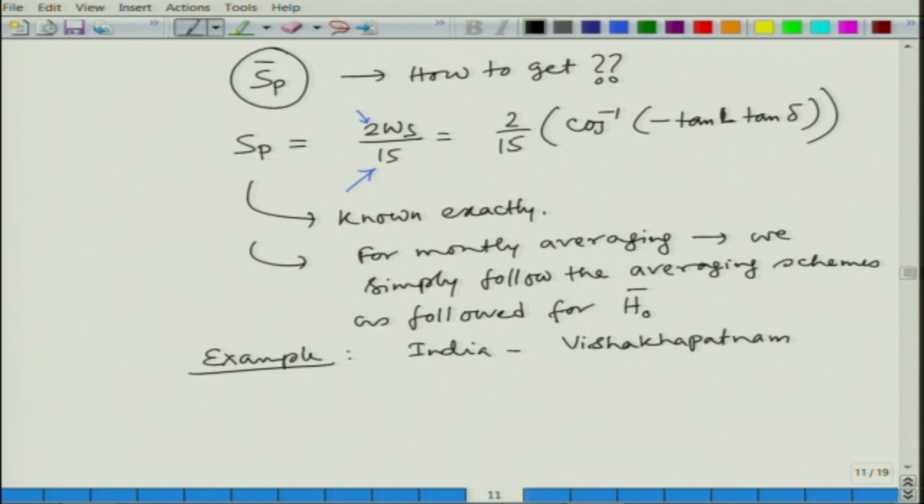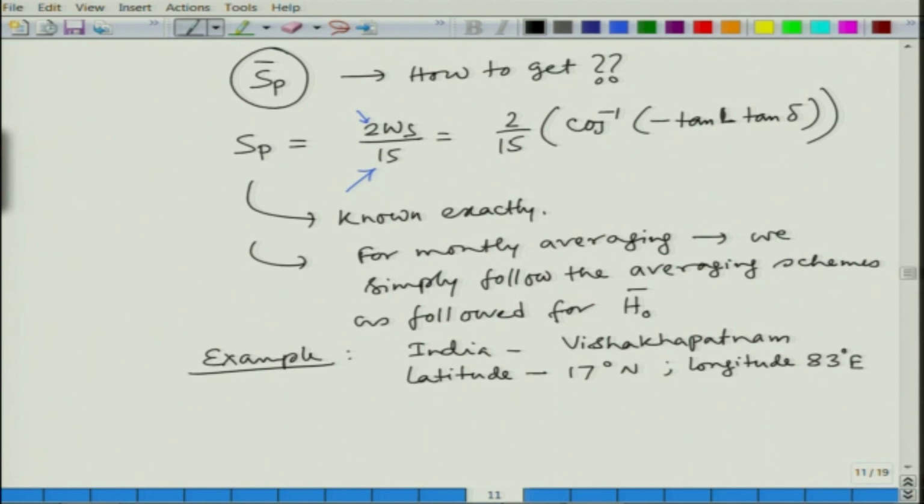For that the latitude is known to be 17 degree north and longitude is known to be 83 degree east.